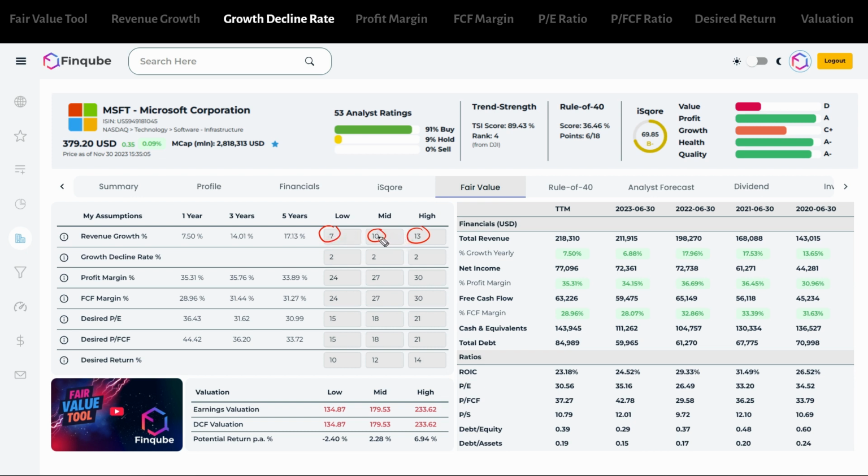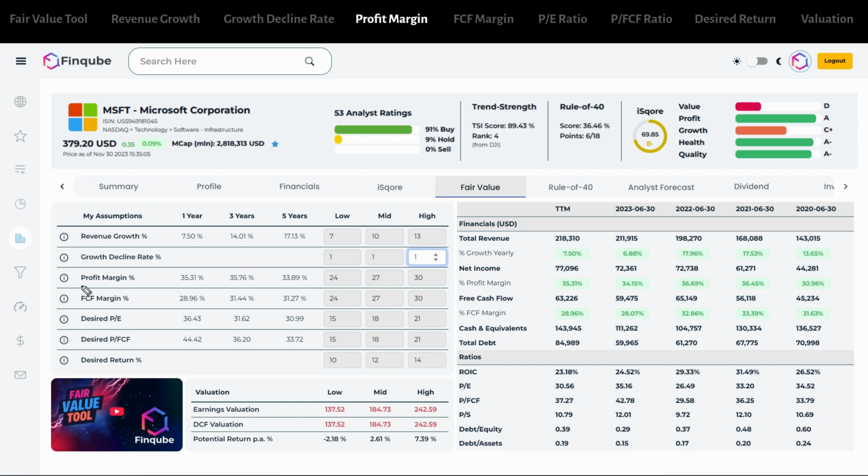We don't know, but to have at least a bit of conservative calculation in our fair value, we can also apply a conservative growth rate. It's by default 2, but with Microsoft here, I set at least 1% of growth decline rate to have a bit of conservative calculation at the end when we see the valuation.